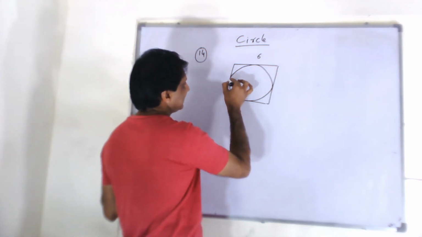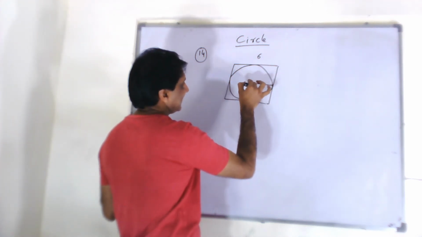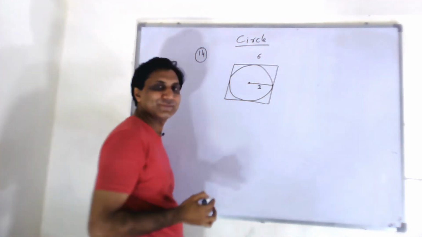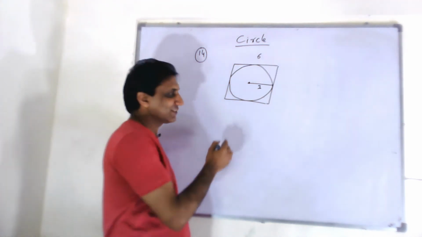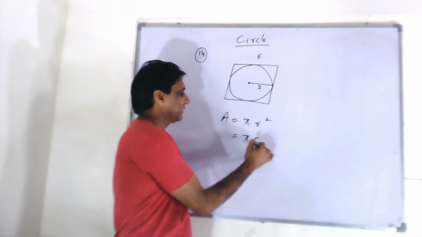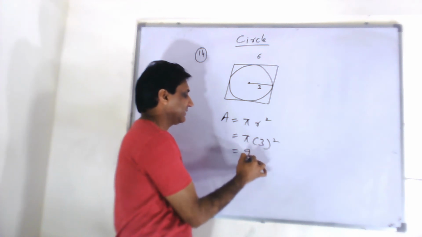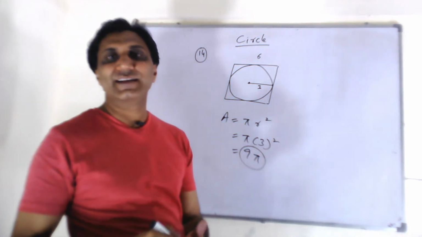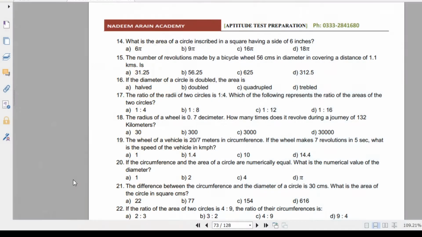So you see, this is the diameter and this is the radius. If this whole thing is 6, then this is 3. So the radius is 3. The area is pi r square, pi 3 square, that is 9 pi. The answer to question number 14 is 9 pi, that is B.